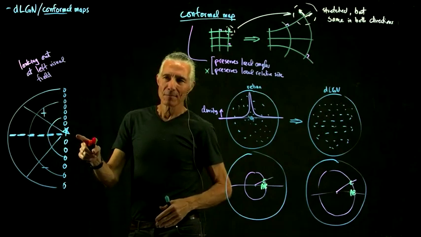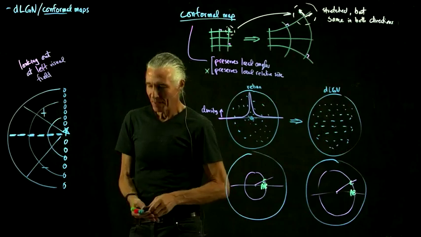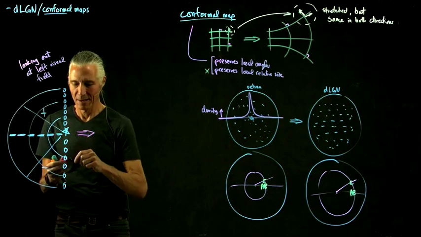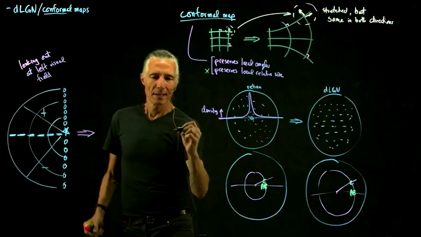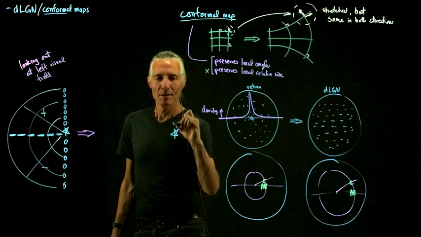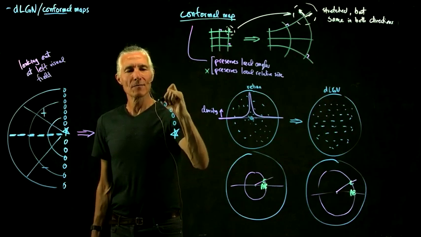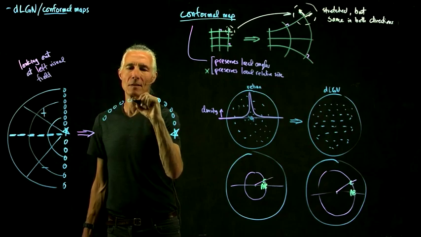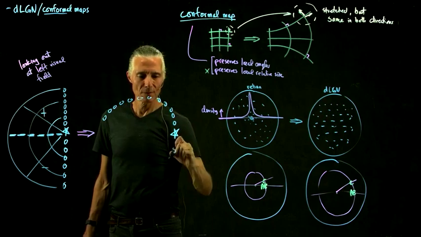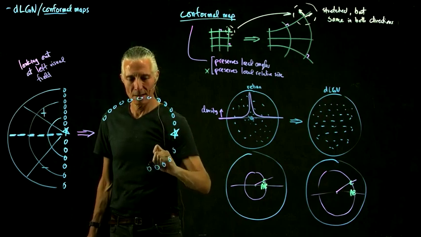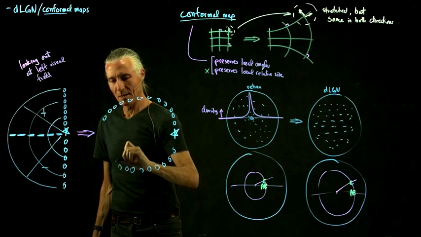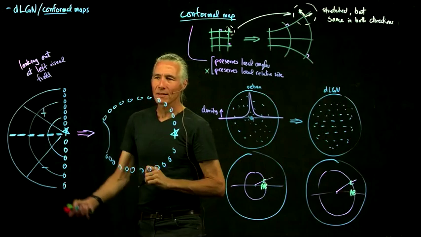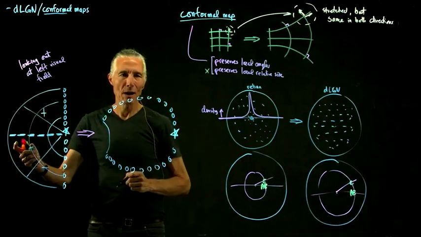So now it turns out it's much easier to make a conformal map. And so if we now map that into something that looks like this, so if we map the vertical line in the visual field almost to a circle. So that's the vertical line in the visual field, like that. And then here's the periphery. Periphery is very small because the density in the retina is very low out there.